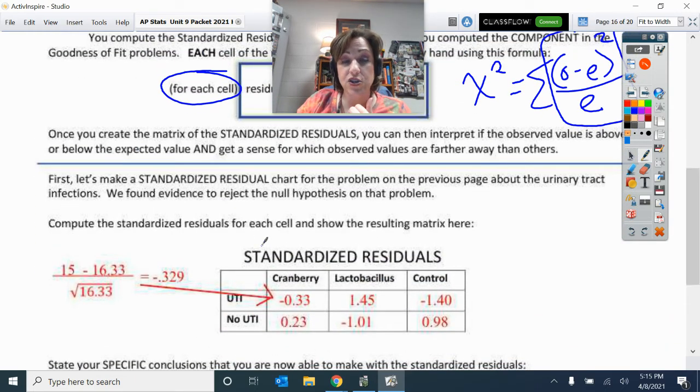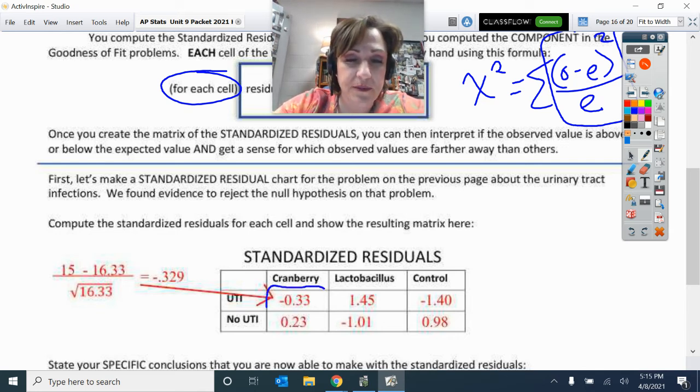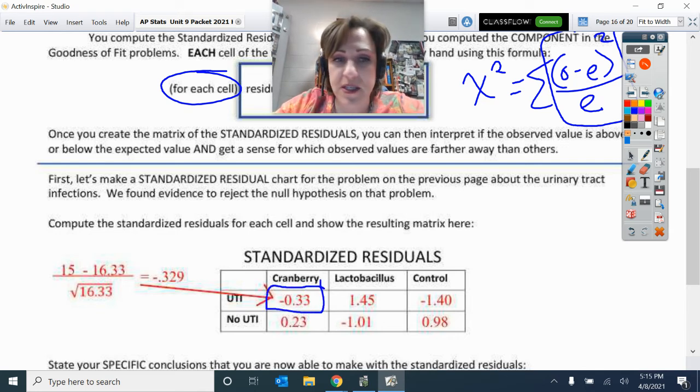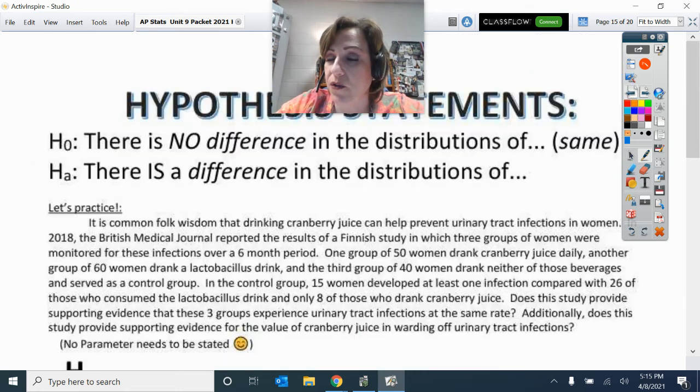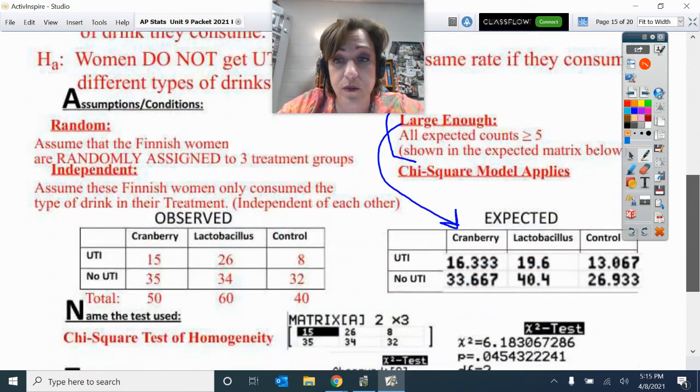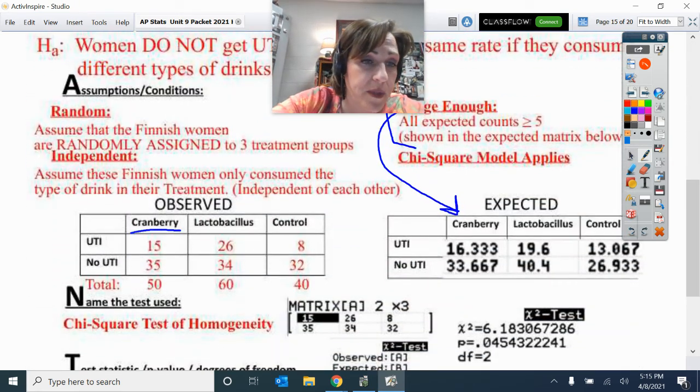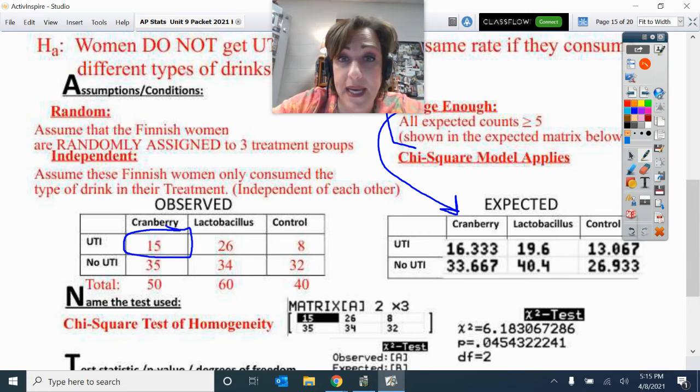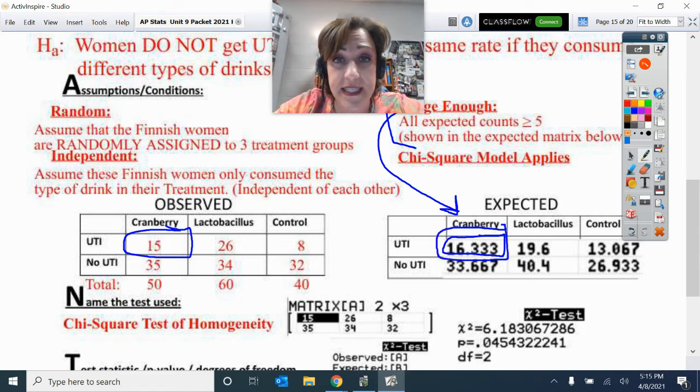Here we go, standardized residuals. Look at what I did for this one cell. For the cranberry one, I did observed minus expected divided by the square root of expected.